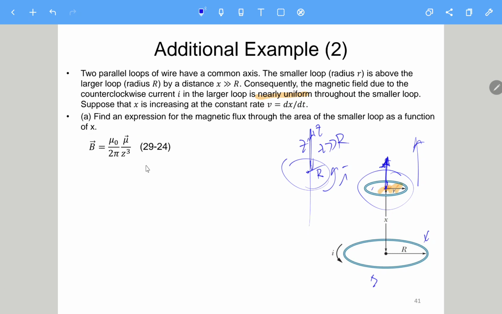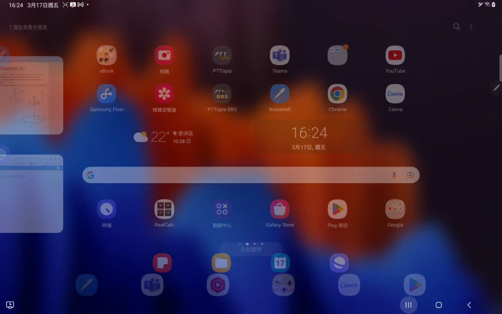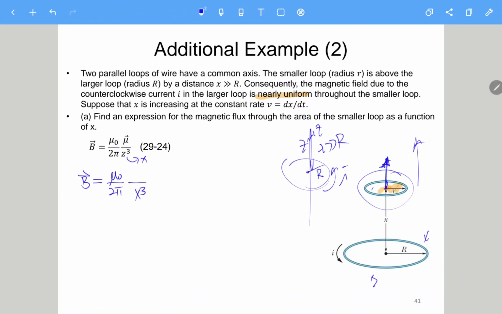Here we would like to change z to x to fit this variable. So B equals mu 0 over 2 pi, times the mu vector over x cubed. Actually, this mu is the magnetic dipole.